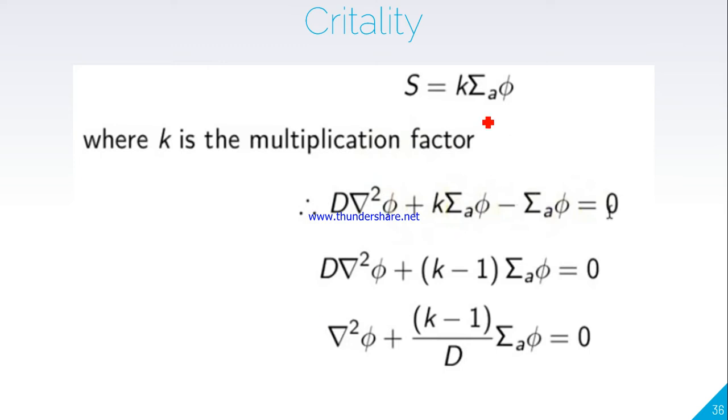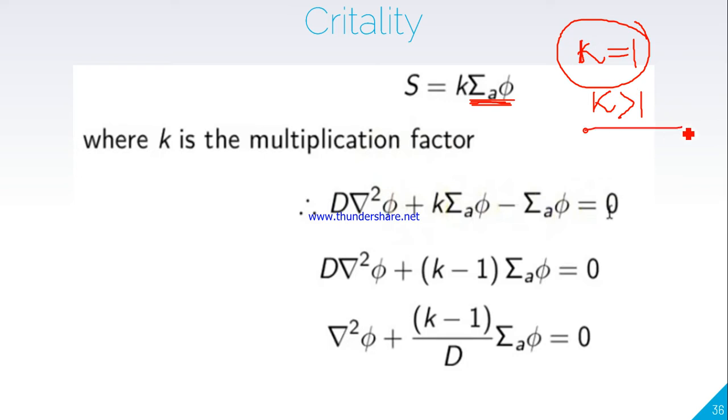Now we know the production term. For criticality, K should be 1; for a bomb, K should be greater than 1.